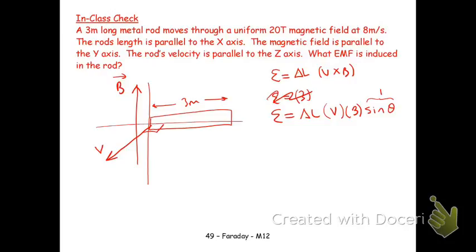Okay. So then we say E is equal to delta L, which is 3, times V, and our V is 8 meters per second. And then B is 20 Tesla times 1.